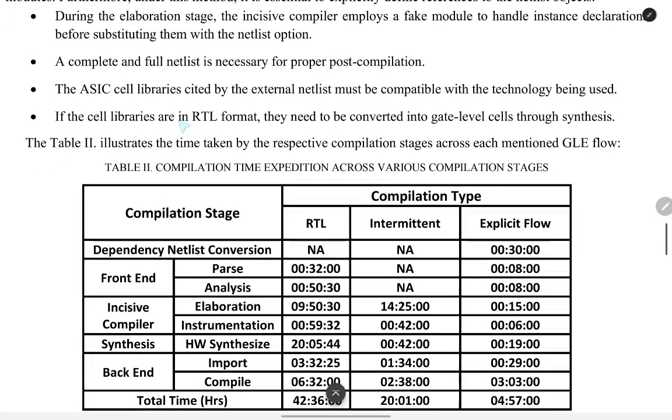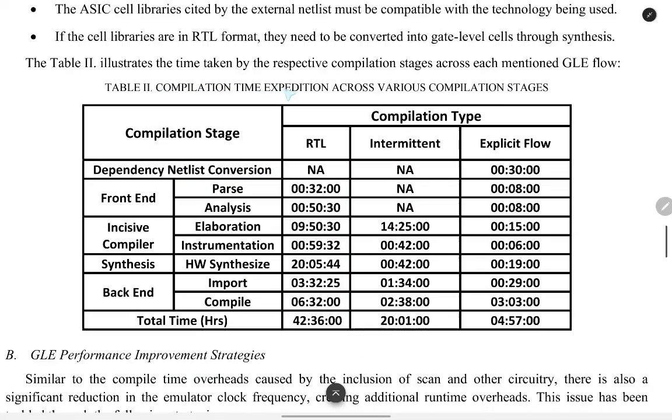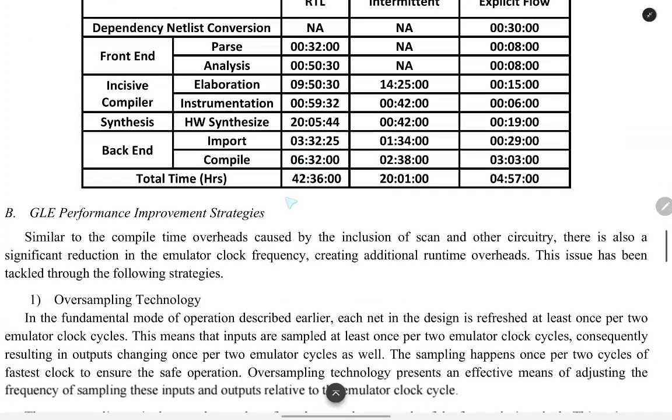If the cell libraries are in RTL format, they need to be converted into GL-level cells through synthesis. Table 2 illustrates the time taken by the respective compilation stages across each mentioned GL flow. Table 2. Compilation time across the various compilation stages.